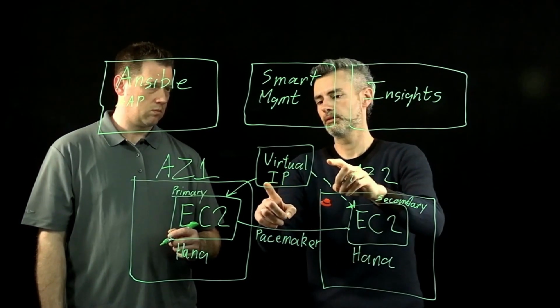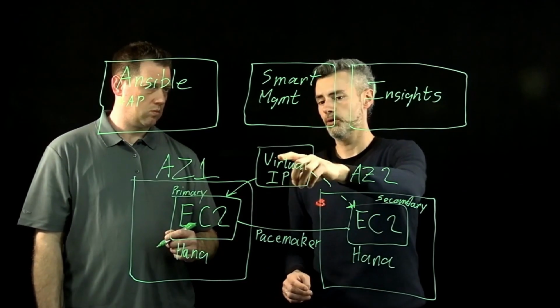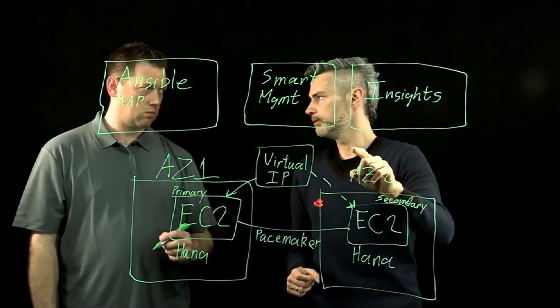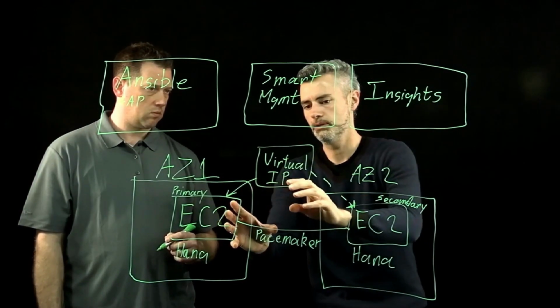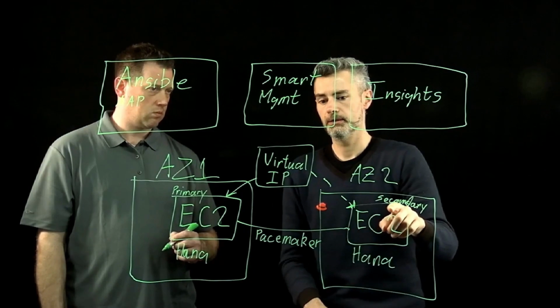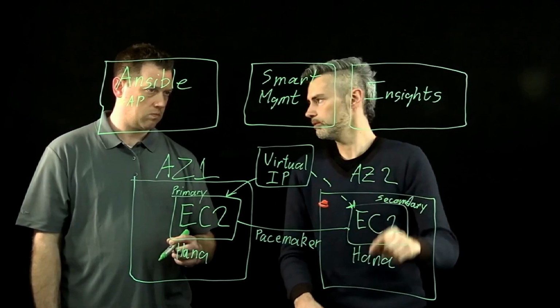All the transactions that need to write to the database occurring while this virtual IP failover takes place will be written to a buffer, because while we're failing over, there's no real connection to the database. Once the virtual IP is pointing to the new primary, the connection will be reestablished, and those transactions in the buffer will be written to the database.